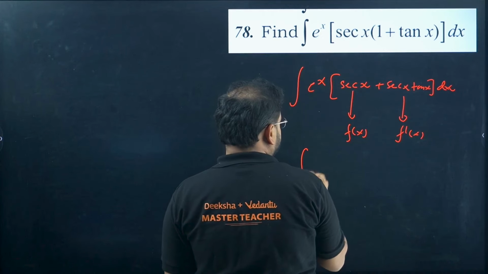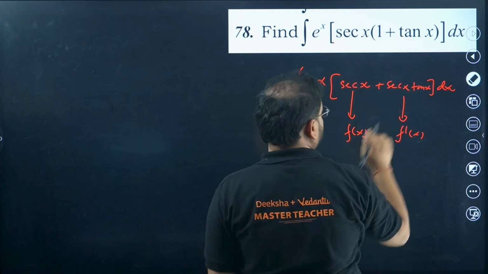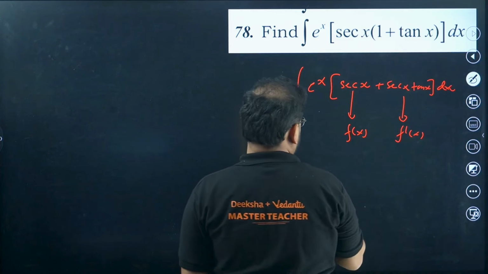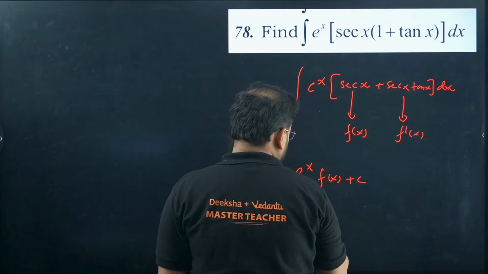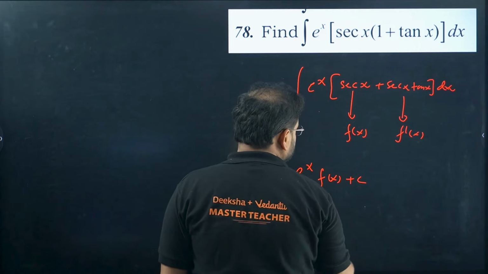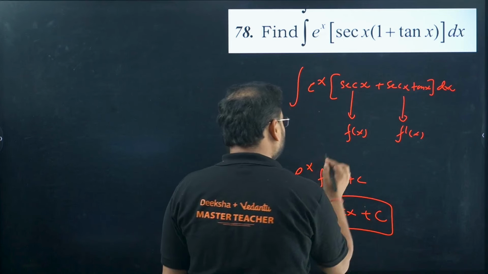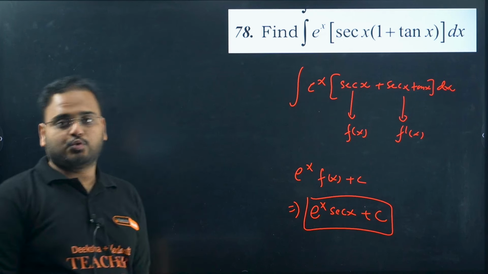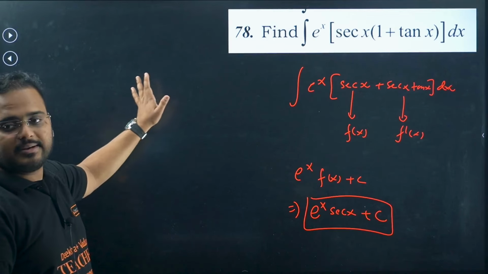Answer is given by e power x f of x plus c, which implies e power x secant x plus c, and here's your 2 mark. Okay, moving on. This is clear, right? No problem over here.